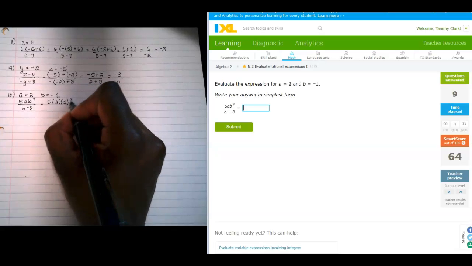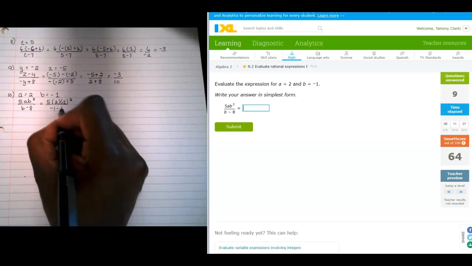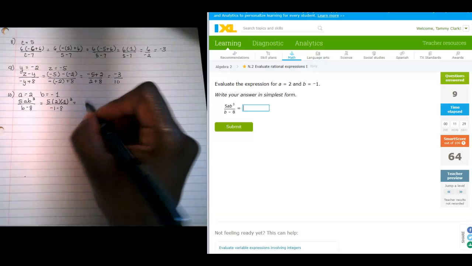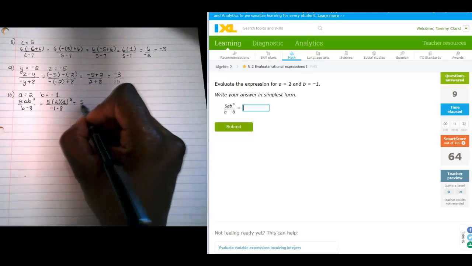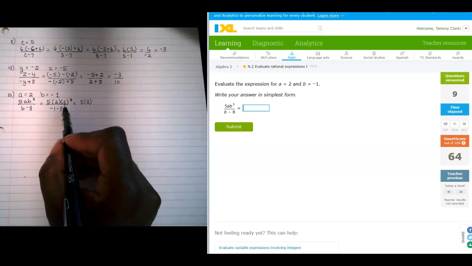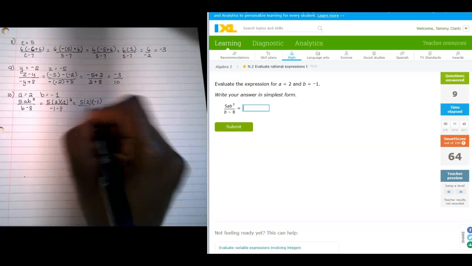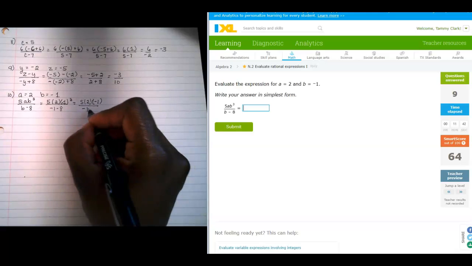We're cubing just the b term, and then we've got negative 1 minus 8. According to order of operations, we should do the exponents first. So negative 1 cubed is simply negative 1. Negative 1 minus 8.